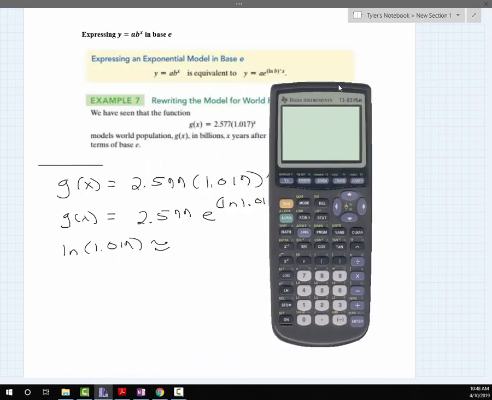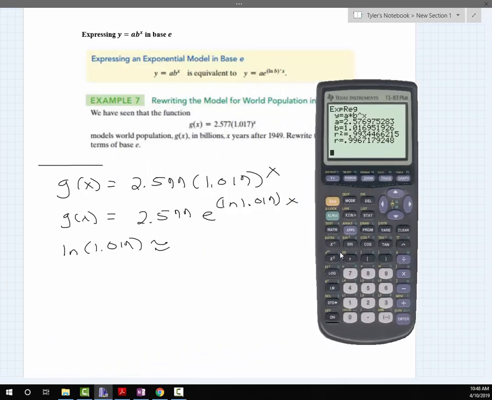So if I pull over my graphing calculator, do the natural log of 1.017. You can see if we round to 3 decimal spots, we get about 0.017.